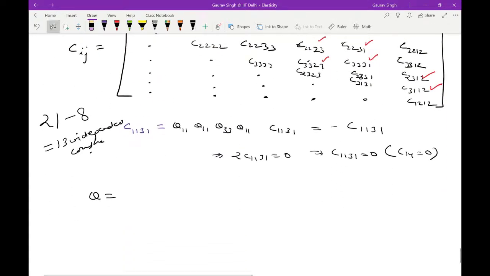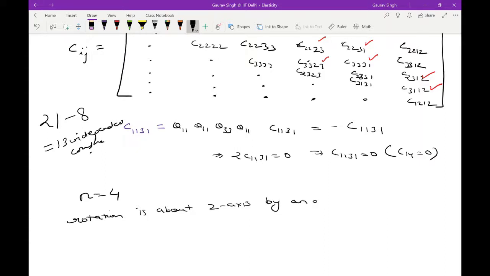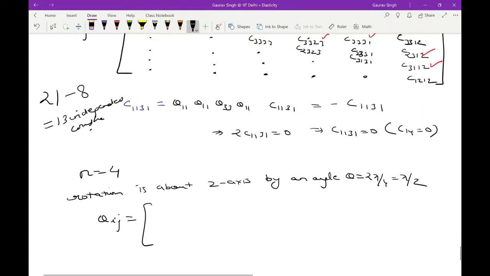So let's take up n equal to 4 for a moment. That would mean that the rotation is about the z axis by an angle theta equal to 2 pi by 4, equal to pi by 2 radians. That would mean that qij is equal to cos pi by 2, sine pi by 2, 0; minus sine pi by 2, cos pi by 2, 0; 0, 0, 1.